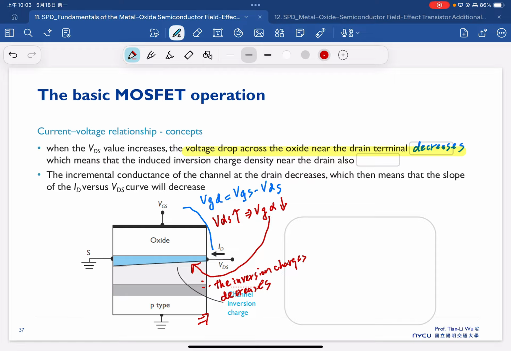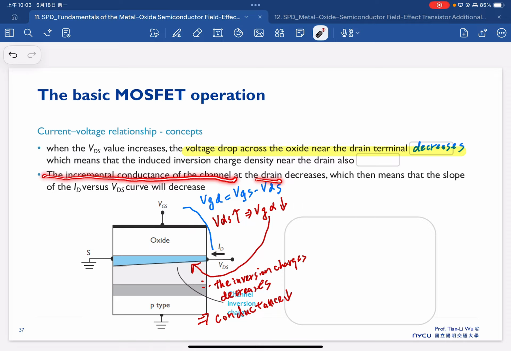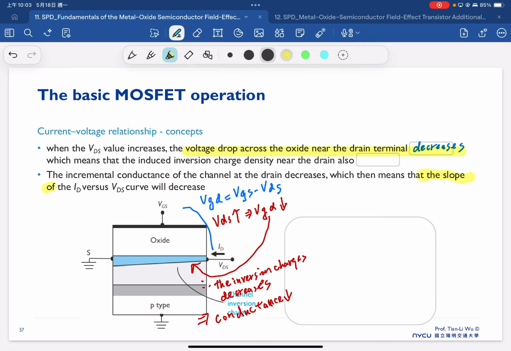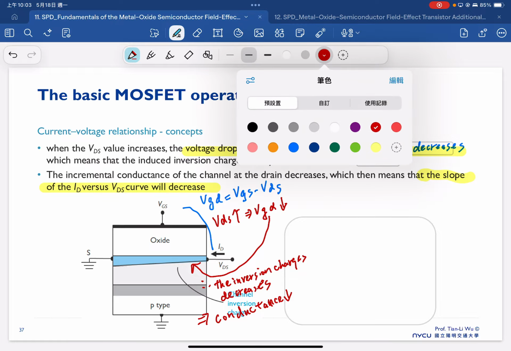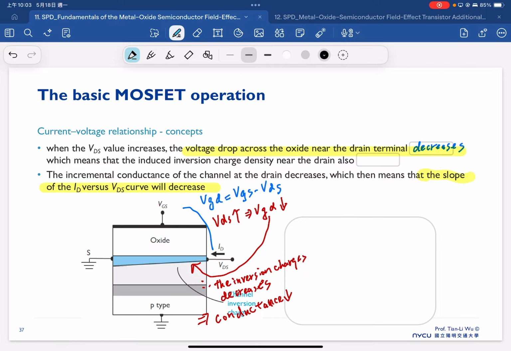Once this decreases, it means our channel conductance decreases. So the incremental conductance of the channel at the drain side decreases, which means the slope of the ID-VD curve will decrease. So let's rethink the ID-VD characteristic.